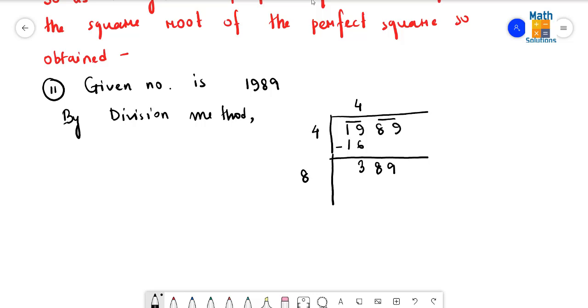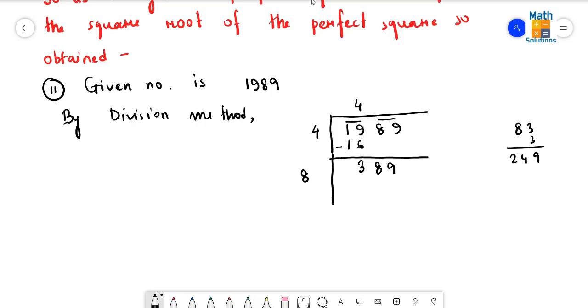That is why we have to choose a square number that is nearest to 1989 but less than it. So with 8, what is to be placed? Let us check. By 3 if I multiply, then I shall be getting here 9.